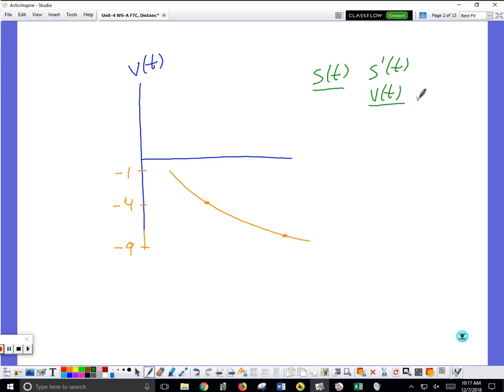And then the slope of the velocity graph is the acceleration. So no, I can't find the position from the velocity graph, but I can find the acceleration from the velocity graph. 2 points. Anyone else?